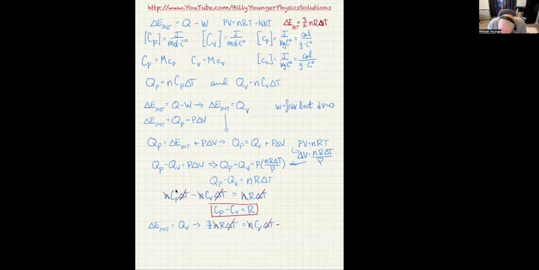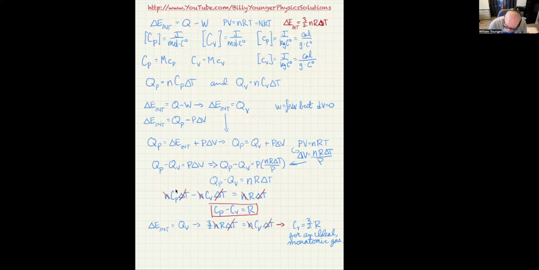So with all of that, we can finally reach this conclusion, which is that CV is equal to 3 halves R, and this is for an ideal monatomic gas.